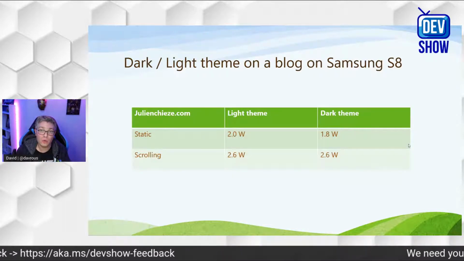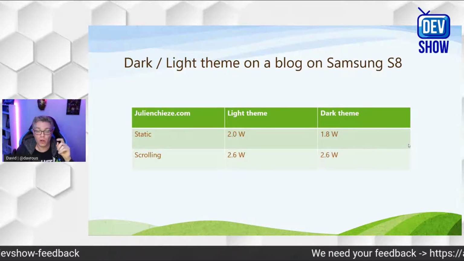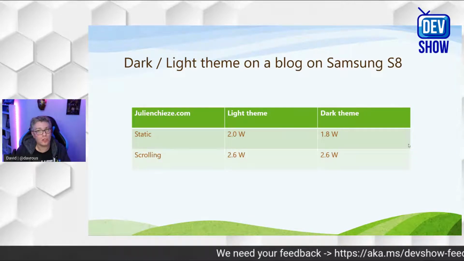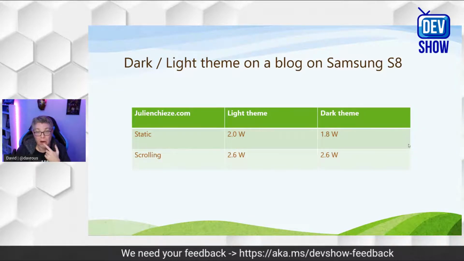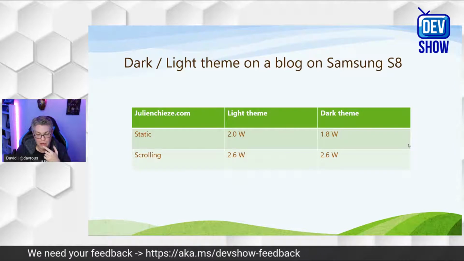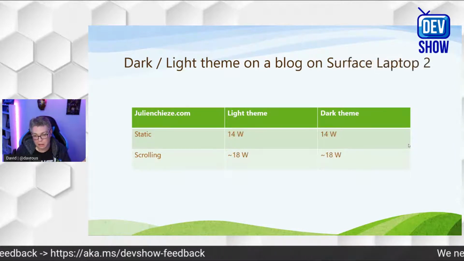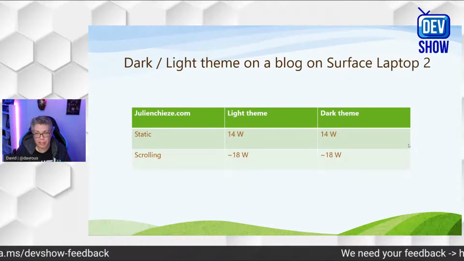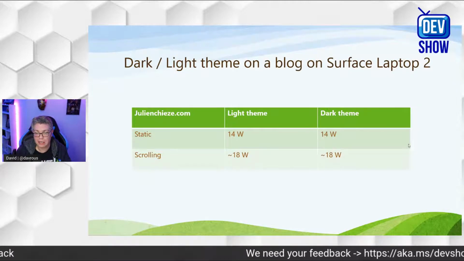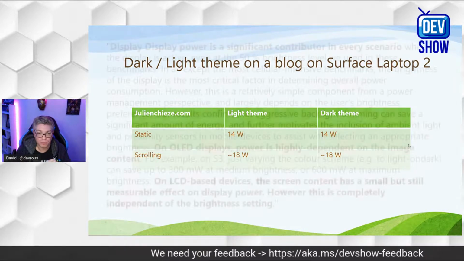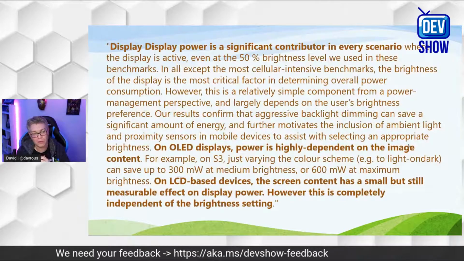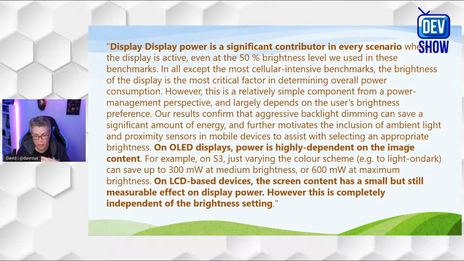As soon as you start to use the web page and scroll on it, the energy being consumed is going to be really similar, if not identical. Once again, on my Surface Laptop 2 with an LCD screen, no change at all. This is extracted from research that I've been looking at.